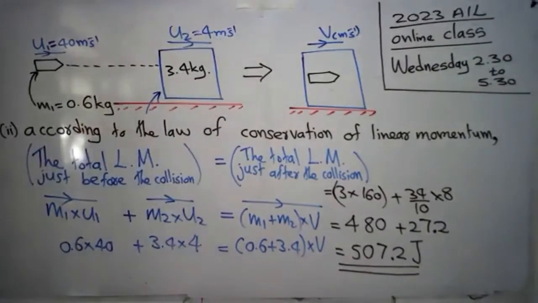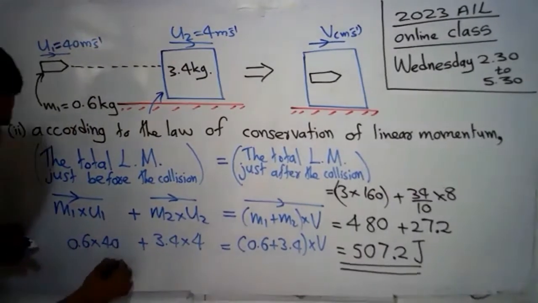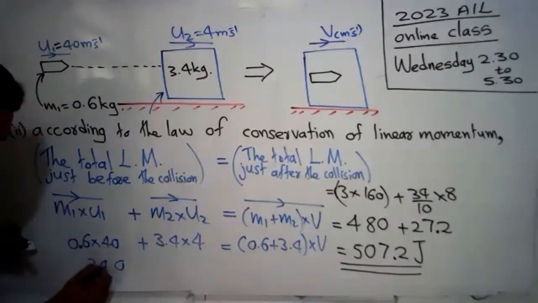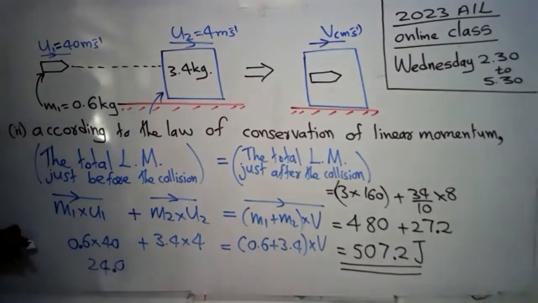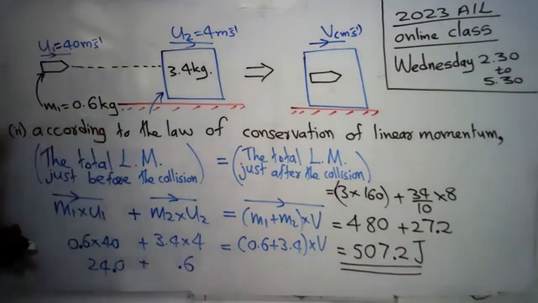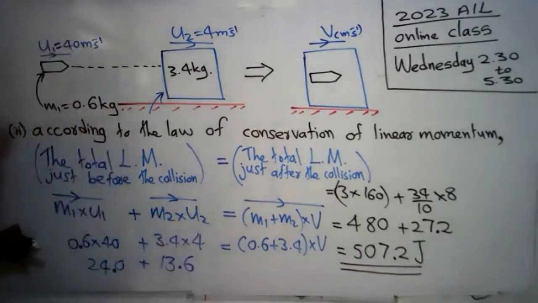Check. 6 times 4 is 24, and one decimal point should be removed, so it is 24. Plus 4 times 4, 16, removing one decimal point, 4 times 3 is 12 plus 1, 13.6.